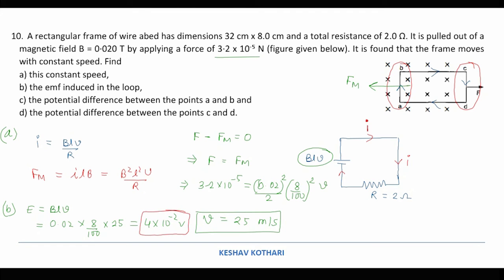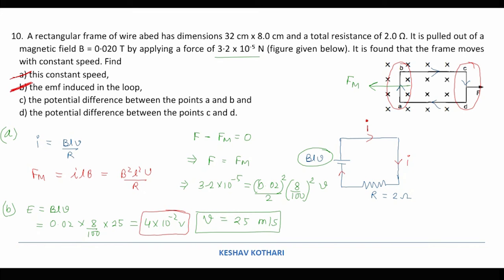Now in the next part, the problem is asking us to find out the potential difference between the points A and B, and the potential difference between C and D. So in order to understand this in a proper way, we first of all try to find out the resistance per unit length. Why we are doing this is because the total resistance is given to us, which is equal to 2 ohm.